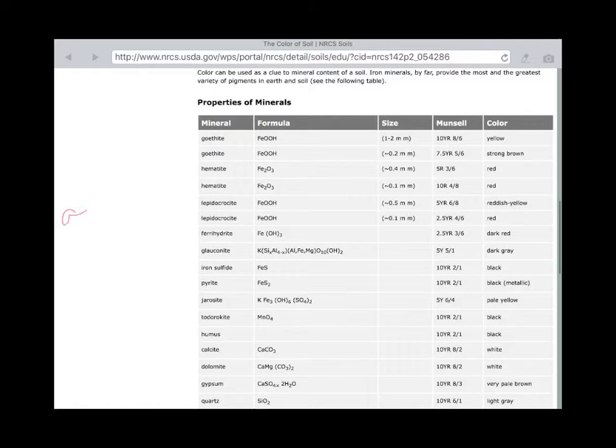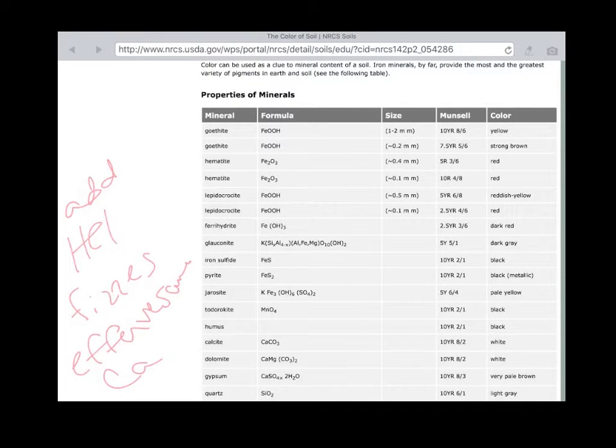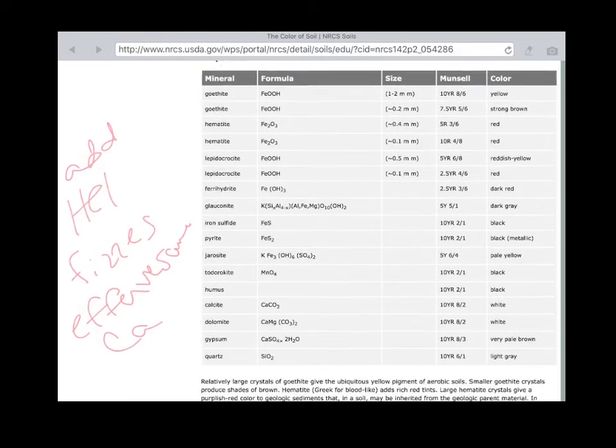So if you add hydrochloric acid to soil, if it fizzes, that's called effervescence. And that is the test for the calcium carbonates in the soil. So be able to find that page. You just go to the index and you can find that page.